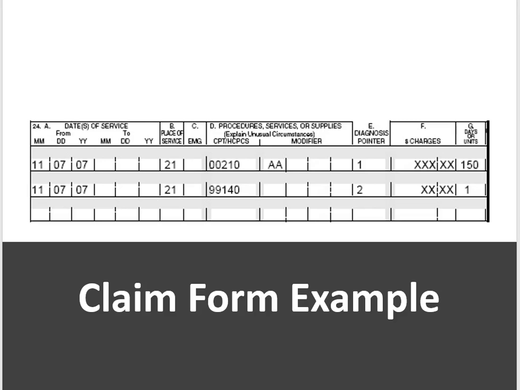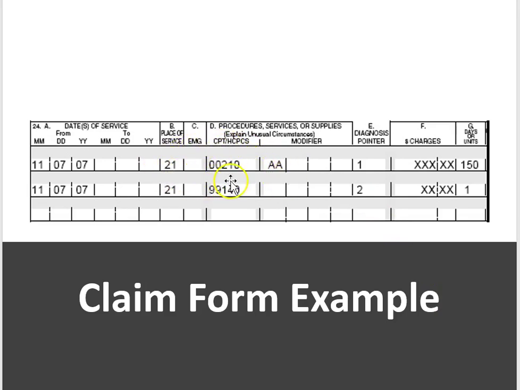Now, I thought it was worth noting how those codes would be used on a claim form, and this is a very small snippet of the professional fee services claim form, the CMS 1500, and I want you to notice how on the first line item we have, and I'm going to put a circle around it, 00210 with the modifier AA.